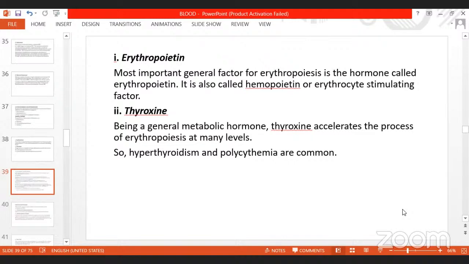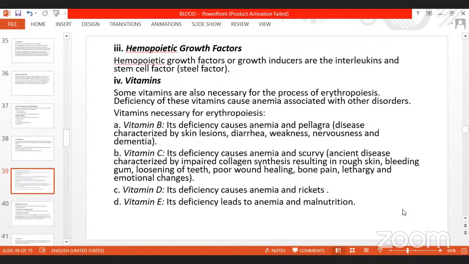And hemopoietic growth factors such as interleukin and stem cell factor. Vitamins like vitamin B, C, D, and E. Vitamin B deficiency causes anemia and pellagra. And vitamin C, again it is essential, whose deficiency causes anemia and scurvy.